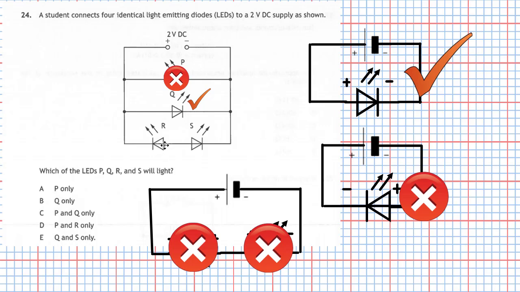In fact, it's reverse biased because the N-type is connected to the plus of the battery, and therefore that LED will not light up. And when it doesn't light up, it acts as a block on the current going through this branch, and therefore LED S will not light. So in essence, only one LED is correctly forward biased in that circuit, and that is LED Q. LED Q is the only one that will light, and the answer is going to be B.